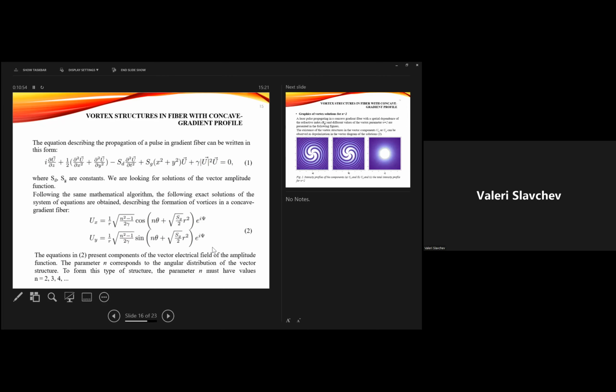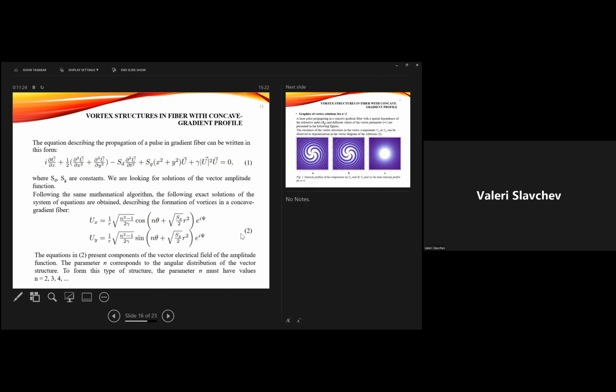For that, we use equation 1, which describes the propagation of a pulse in this type of fiber. We write the equation in this form, where SD and SG are constants, and we're looking for solutions for the vector amplitude function.